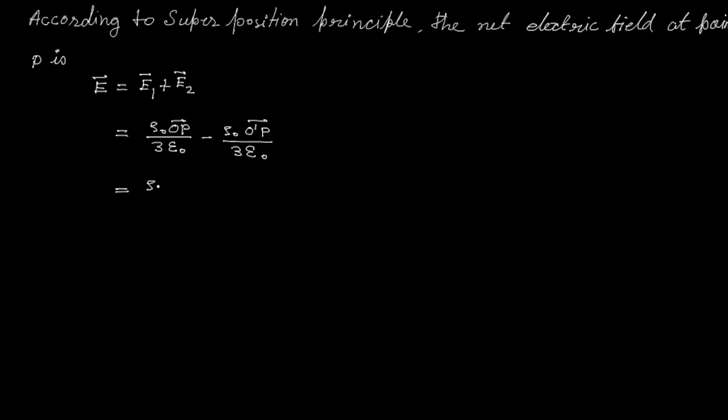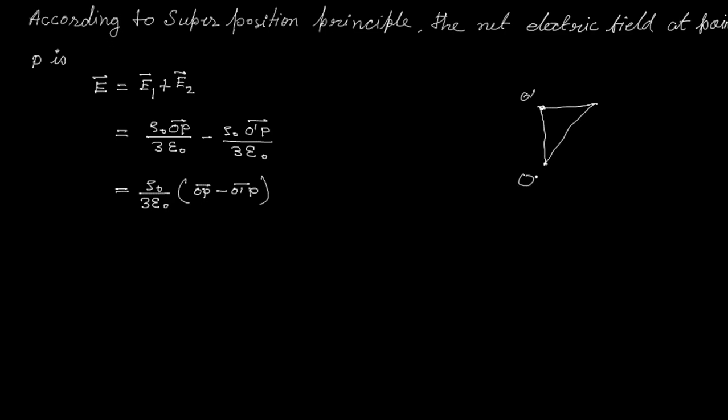Then if we take rho naught by 3 epsilon naught common, we'll get OP vector minus O dash P vector. And then we have drawn a figure here. Let me just draw it this way. We have O dash here, that is the center of the cavity.